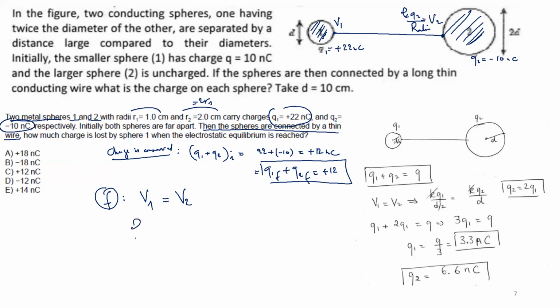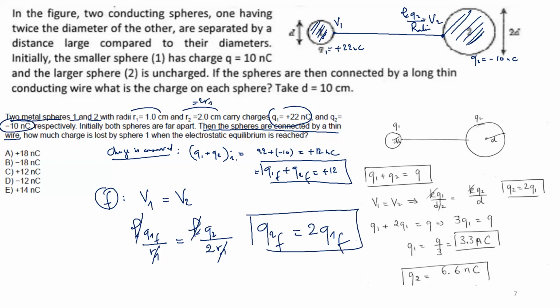So this will give me K Q1 final divided by the radius, which is R1. This will be equal to K Q2 final divided by the radius of the second sphere, which is R2. But R2 is 2 times R1. So K simplifies, R1 and R2 simplify, and I get Q2 final should be just 2 times Q1 final.